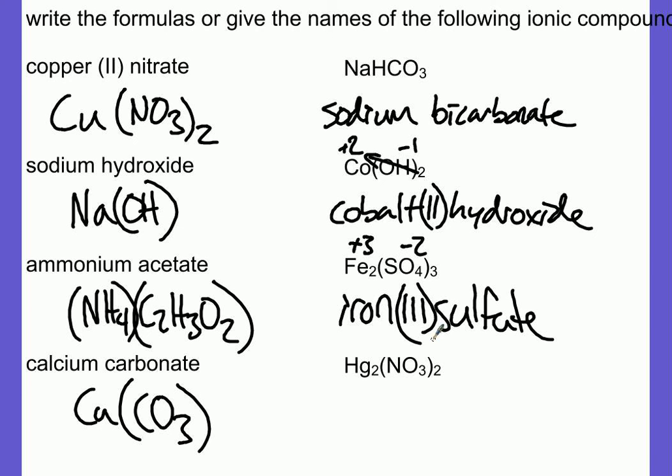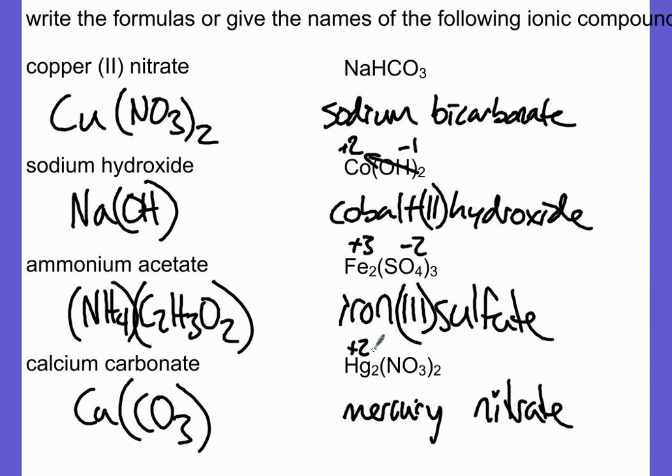And then finally, this last one down here is a mercury nitrate. I know it's mercury nitrate, but which mercury is it? This is one of those ones that you just have to see and you got to be careful. If I move the +2 up here, that's good and great.